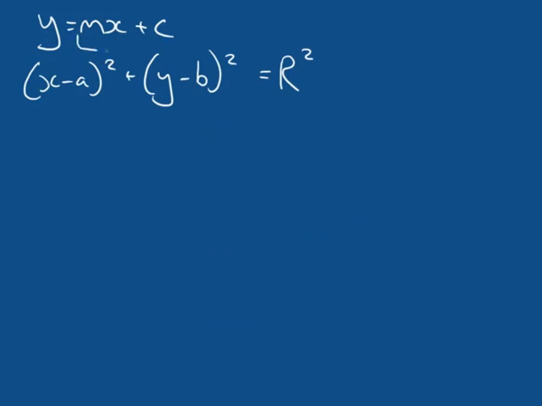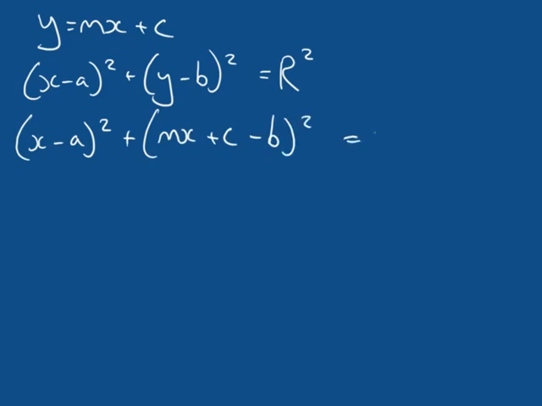So we're going to take mx plus c, we're going to substitute that in for y. That's going to give us (x minus a) squared plus (mx plus c minus b) squared is equal to r squared.